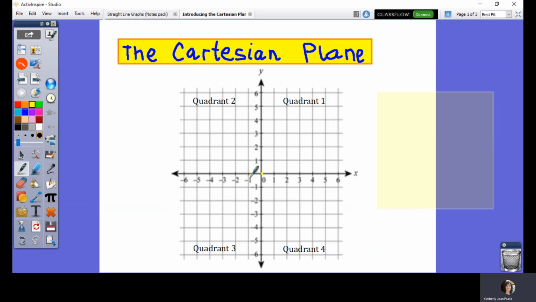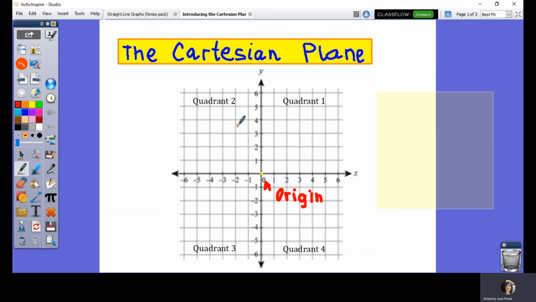So these two lines, as you can see here, are intersecting each other at 0. This point here is called the origin. Okay, so now you have formed this two-dimensional space which is called the Cartesian plane.